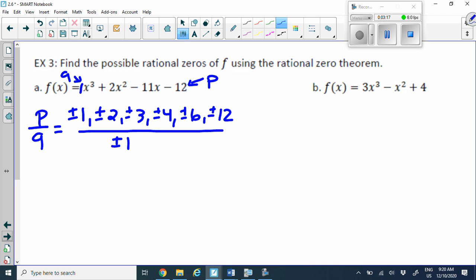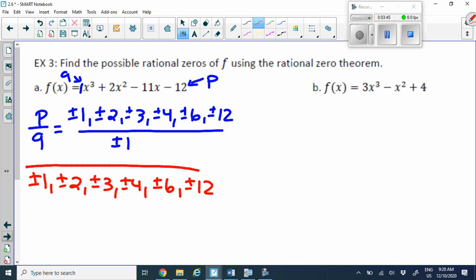Just 1. Our last thing is we need to simplify because we are thinking about rational numbers. So we take all the numbers in the numerator and divide by the numbers in the denominator. We take 1, 2, 3, 4, 6, and 12 divided by 1. So we get plus minus 1, plus minus 2, plus minus 3, plus minus 4, plus minus 6, and plus minus 12. That will be our final answer there.